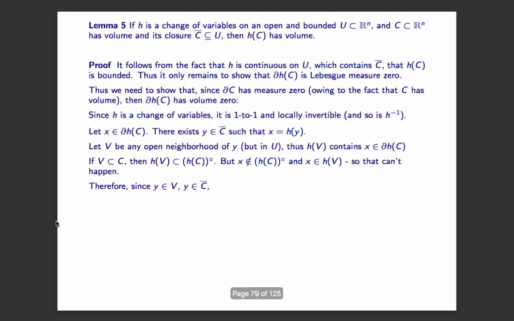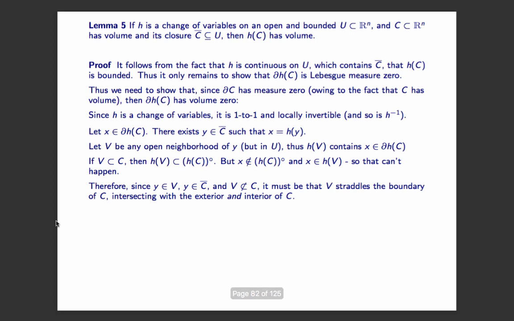So since y is in V and y is in the closure of C, remember V is an open neighborhood of y, and that open neighborhood cannot be contained completely inside of C, it must be that V straddles the boundary of C. Right, of course, V can't be contained outside of C because, well, y is in the closure of C. Since V straddles the boundary of C, it intersects with the exterior and interior of C. And since V was an arbitrary open neighborhood of y, then y is on the boundary of C, by definition of what a boundary is.